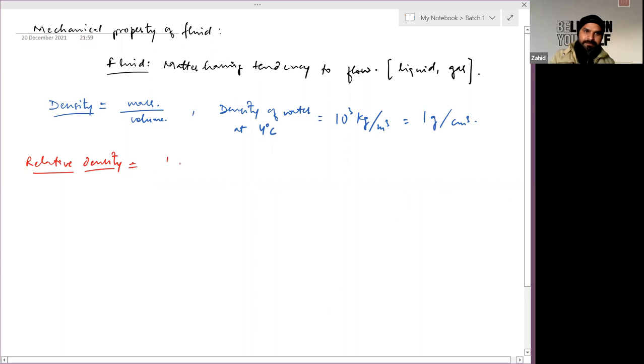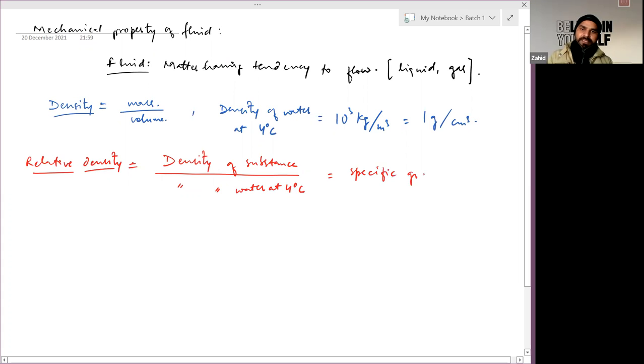So it will be density of any substance divided by density of water at 4 degrees Celsius. This particular ratio is also called specific gravity. Since we are taking the ratio of the same quantity, it will be a unitless term.